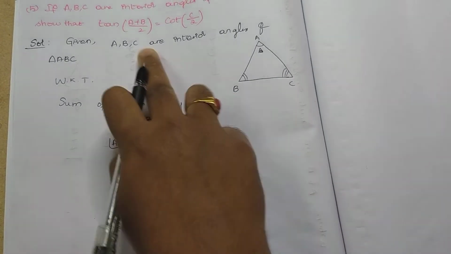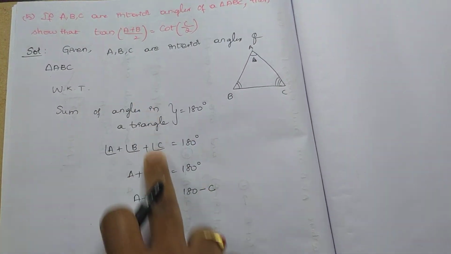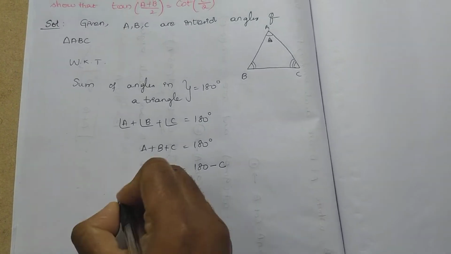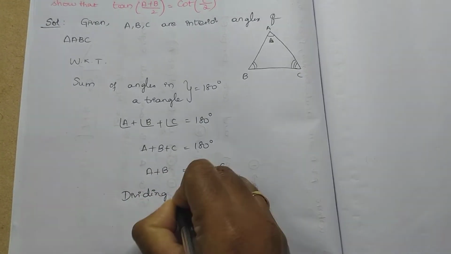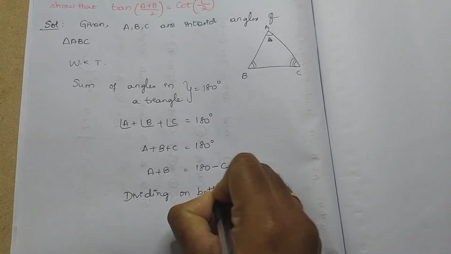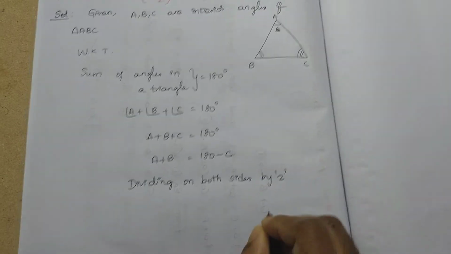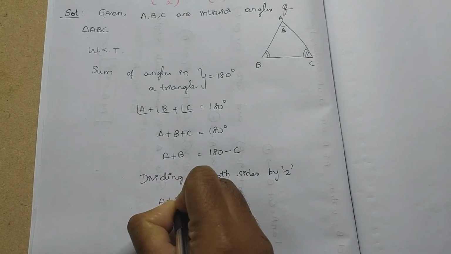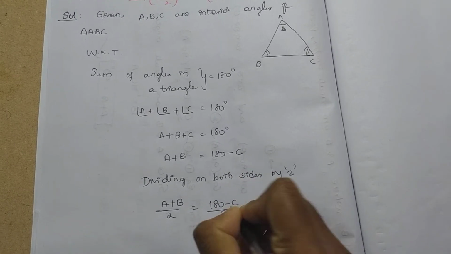Yes. After that, on the left hand side, they have divided by 2. So dividing on both sides by 2, what does it become? (A plus B) by 2 equals (180 minus C) by 2.